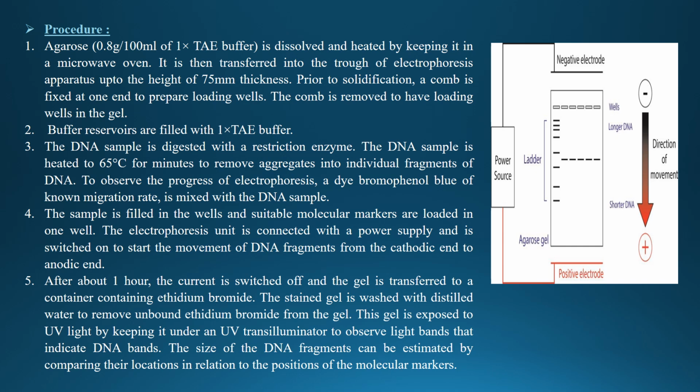This gel is exposed to UV light by keeping it under a UV transilluminator to observe light bands that indicate DNA bands. The size of the DNA fragments can be estimated by comparing their locations in relation to the positions of the molecular markers.